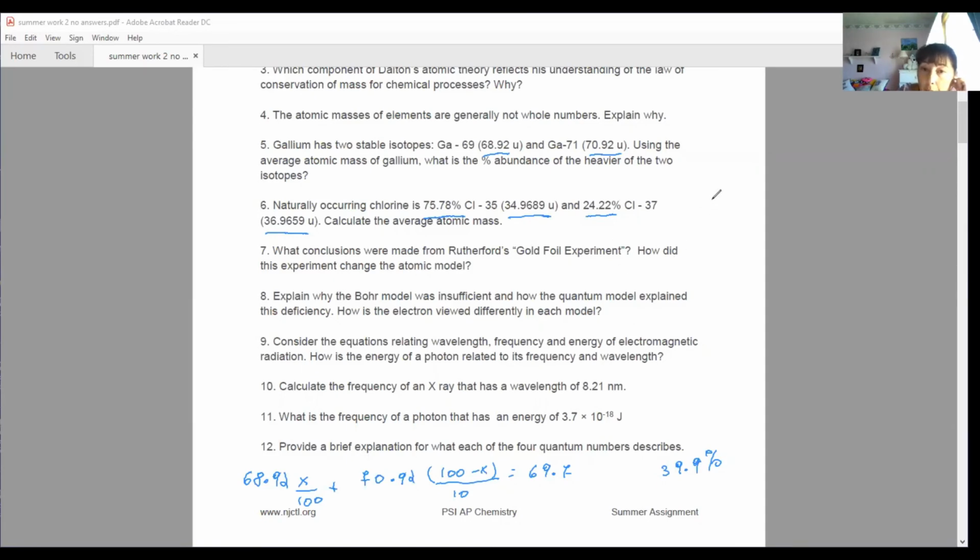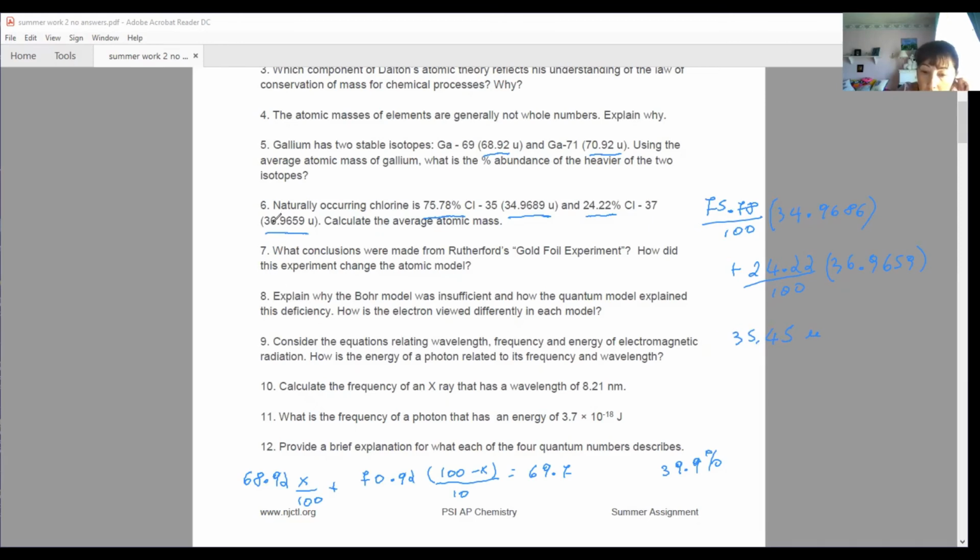So again, you write down the 75.78% of the mass, which is 34.9689, and you also add the 24.22%, sorry, you can see it probably, of the mass, which is instead 36.9659. You do your calculation, and you should have a mass of 35.45 atomic units. Okay?